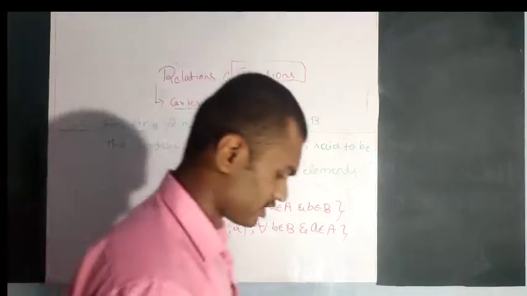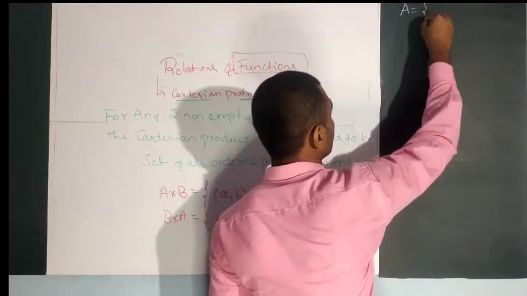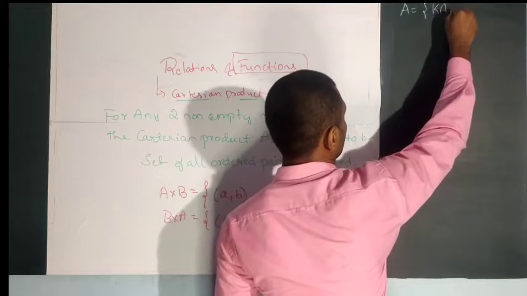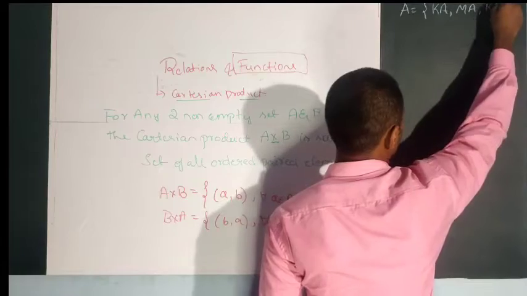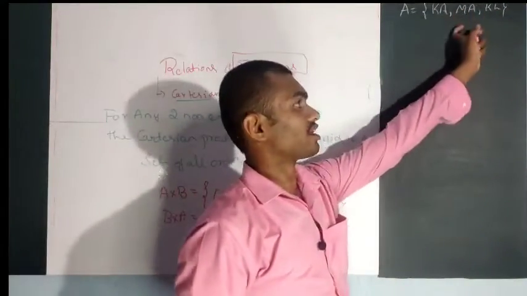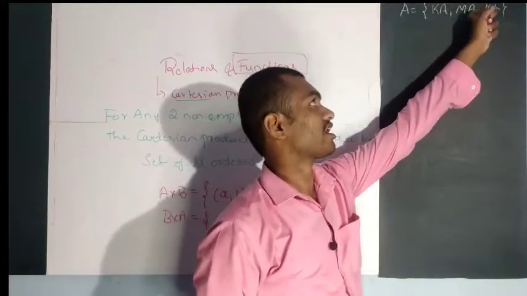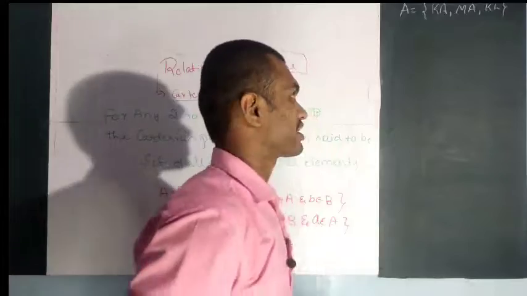Let us take another example. Set A is equal to, these are the elements. K defines Karnataka, MA defines Maharashtra, and KL defines Kerala.